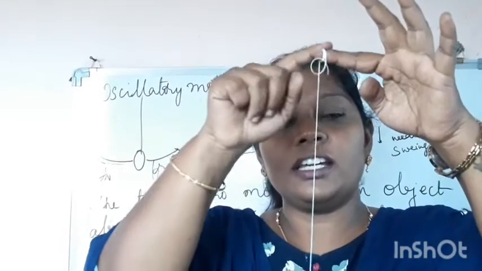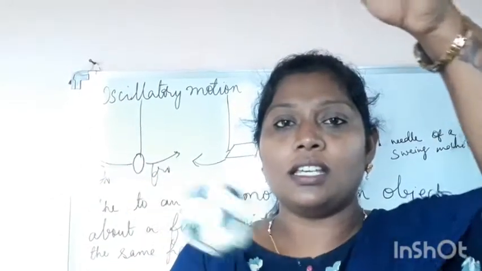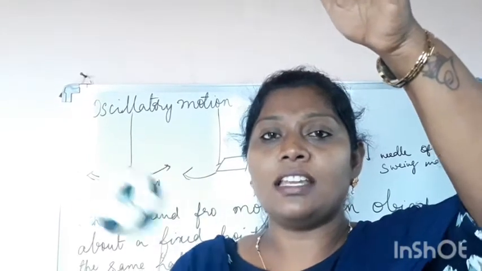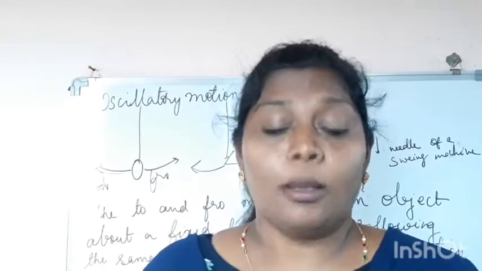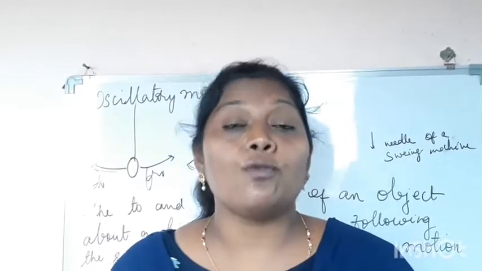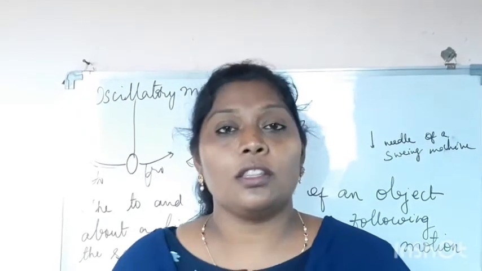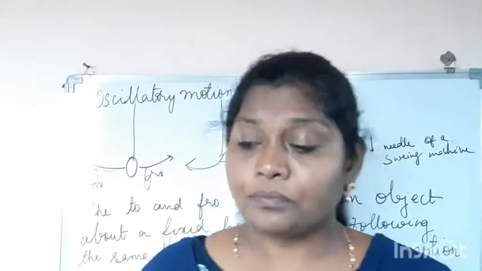So here it has a fixed point and the motion is following a particular path, to and fro. So in such conditions only we can say that the body or the object is following an oscillatory motion.